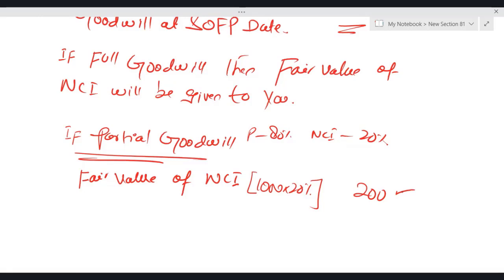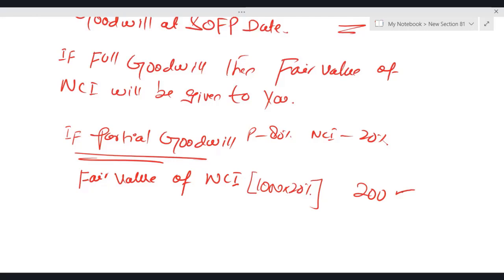So in case of partial goodwill, how will you calculate the value of NCI at acquisition? Just NCI percentage multiplied by fair value of net assets at acquisition. And if it is a full goodwill method, then the examiner will give you the fair value NCI. If he is not giving it directly, then he will give you enough information to calculate that value.